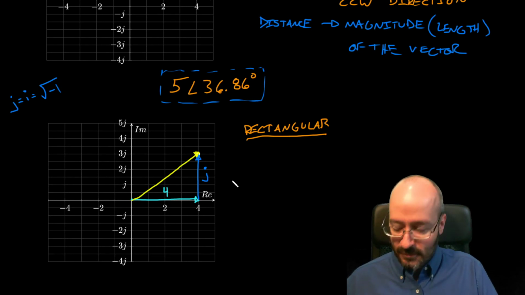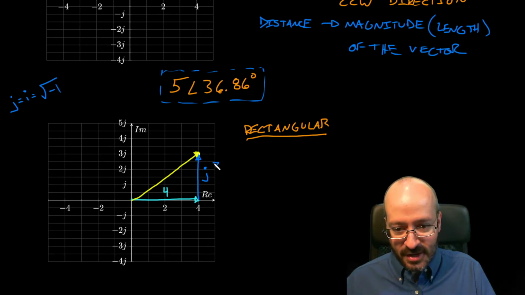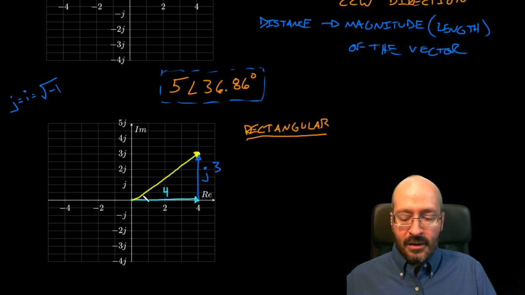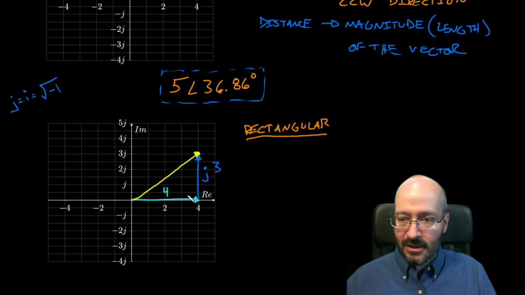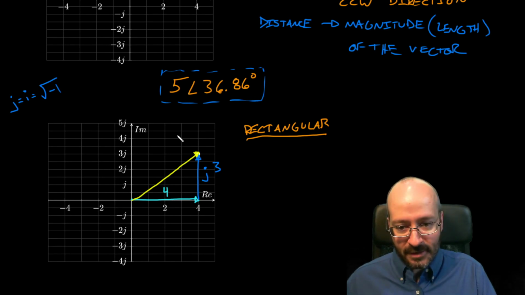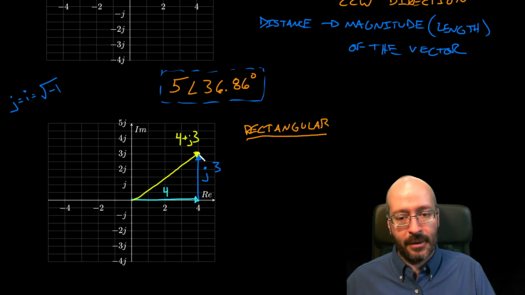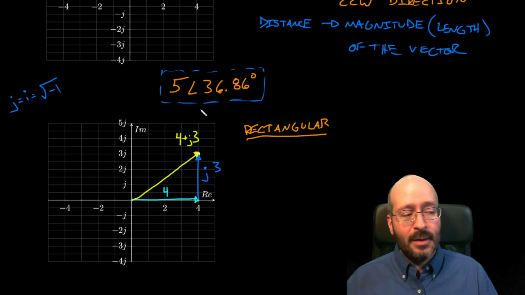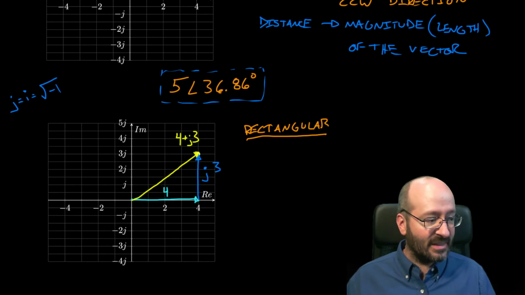I didn't finish this off. This is J3, because it's 3 units up along the imaginary axis. So then we can put those together, and rectangular form is going to look more like this. That point in space is 4, we call that the real part, plus J3, we call that the imaginary part. And that representation is equivalent to the one we see up here in polar, because it gets us to the same place.